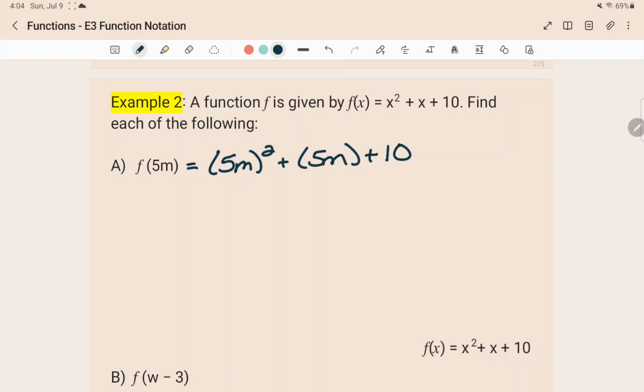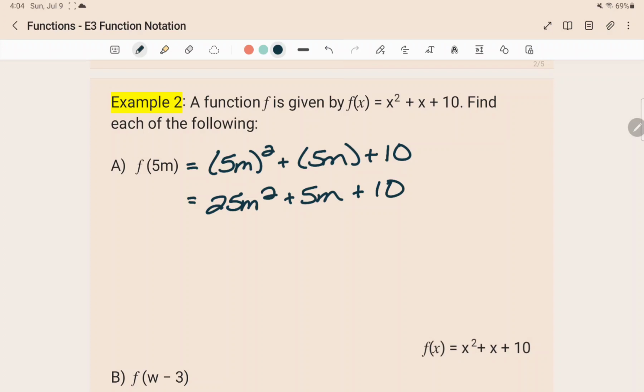I won't get a single number out as a result, but I'll get a simplified expression. So (5m) quantity squared means I'm going to square the 5 and I'm going to square m. So that becomes 25m squared. There's nothing else to do with 5m, so we'll take that out of the parentheses and we'll add 10.